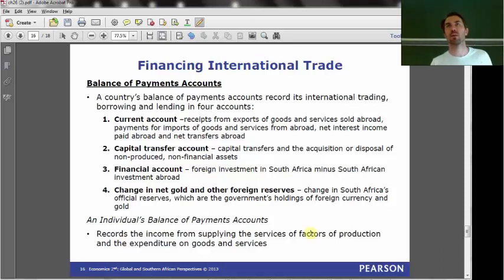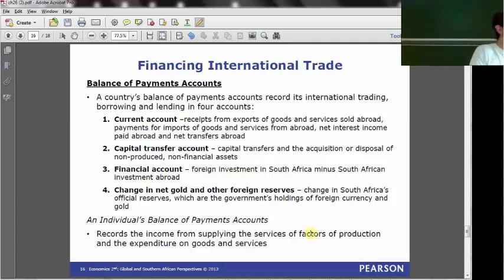The current account is about the sales of goods and services, the financial account is about the sales of financial assets, and the capital transfer account is assets that get moved around, but not really through sales. Debt relief is another capital transfer account item.